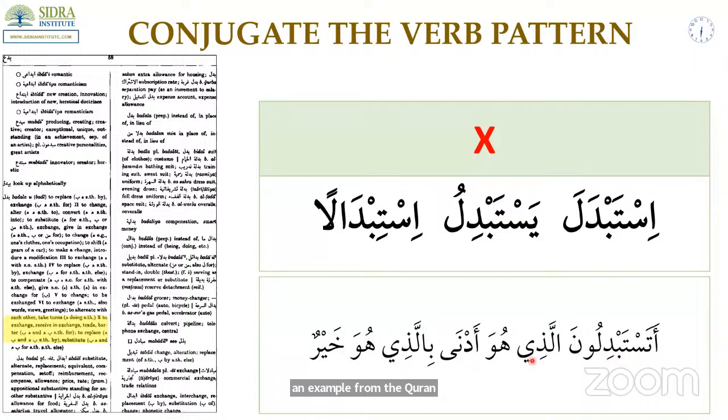Are you exchanging that which is inferior for that which is better? Meaning, obviously, the Banu Israel were given manna wa salwa, and they wanted to eat vegetables. So here we can see istabdala yastabdilu istibdalan.